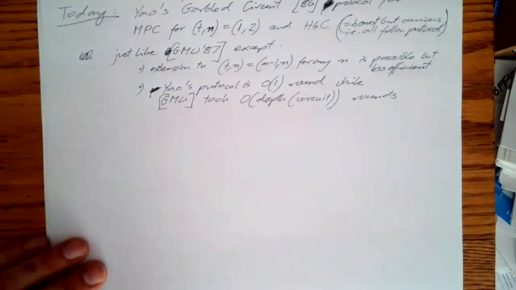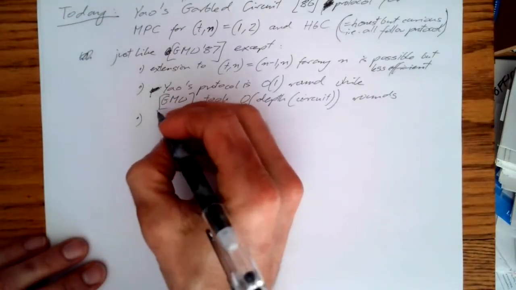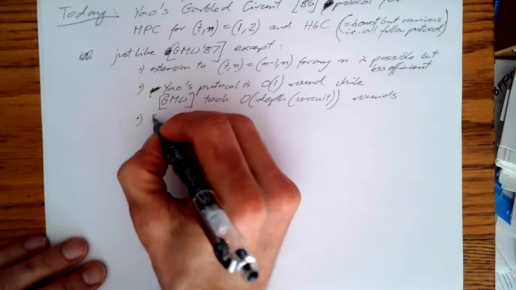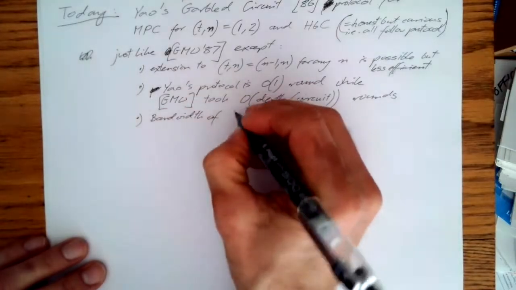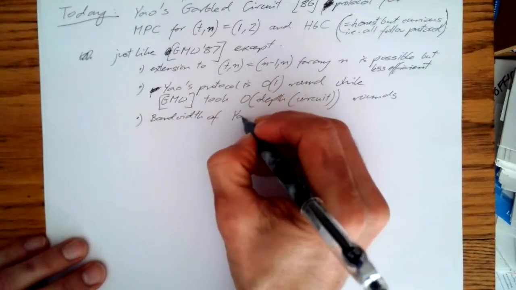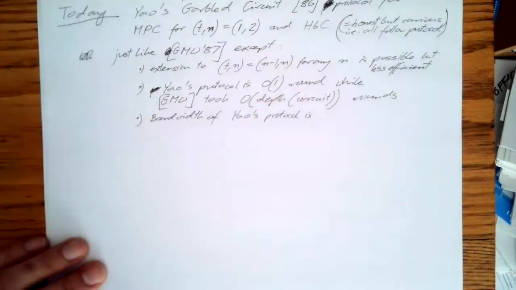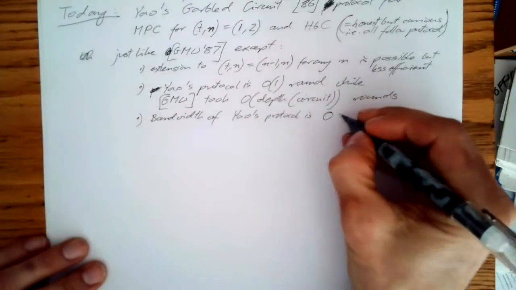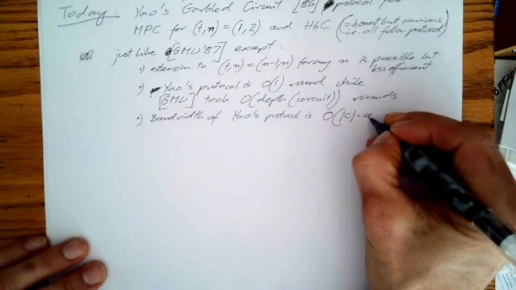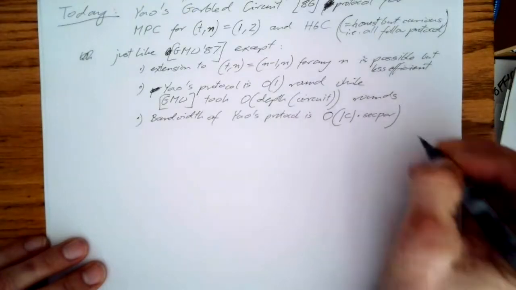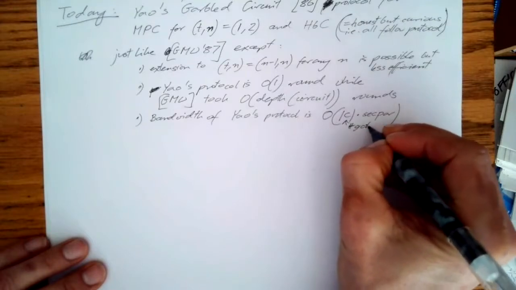But the bandwidth of Yao's protocol is the order of the size of the circuit times the security parameter. So the size of the circuit is the number of gates.